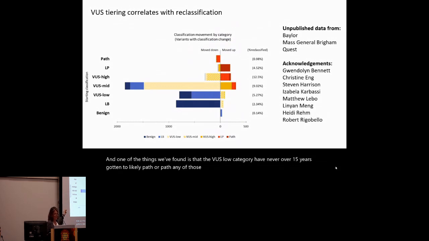In contrast, in the VUS high group, almost half of those got changed to likely path or path. So these subclasses are going to become really critical for thinking about what physicians should pay attention to, or even what researchers should do more work on, versus ones to ignore.